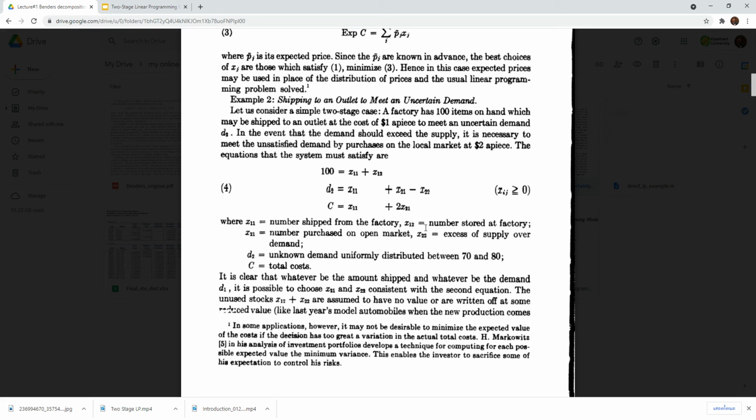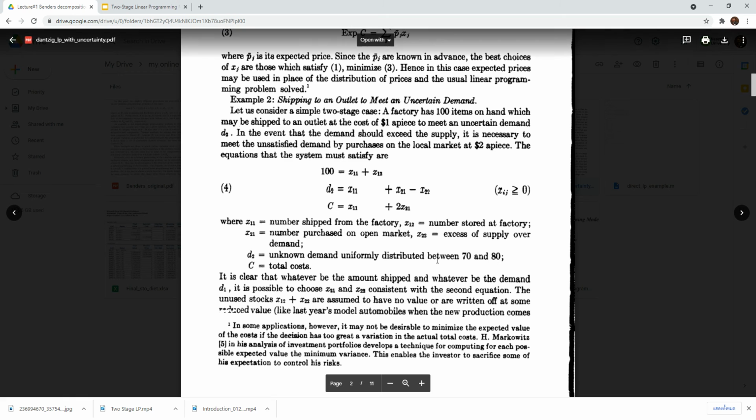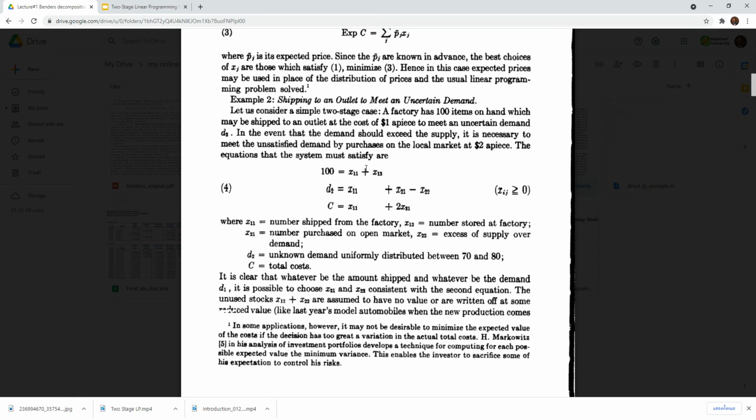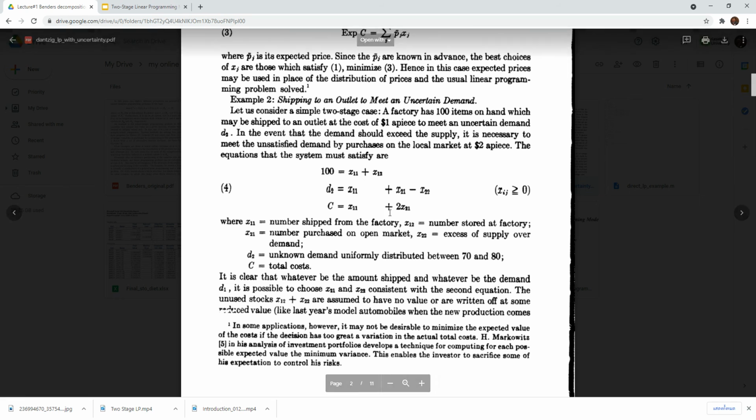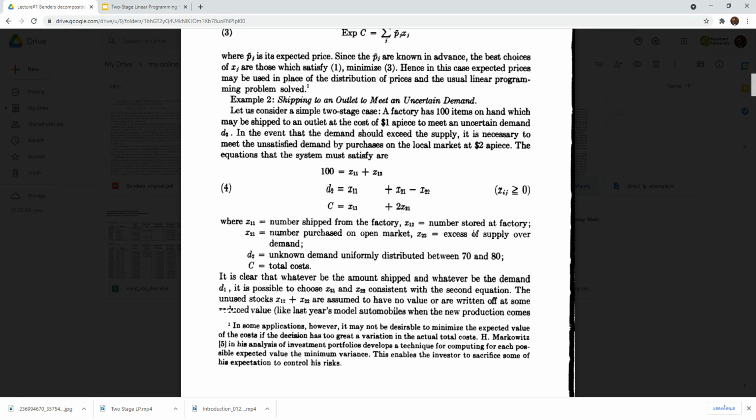Suppose that in this case we assume what we call the uniform distribution of D sub 2 within the range of 70 to 90. So this one has to be the average case. And when you accumulate all possible x sub 2 1 in all cases, times 2, you need to find the average. For the 21 scenarios, you divide by 21. And certainly this is the case where you assume that for all scenarios there's the same probability of occurrence.